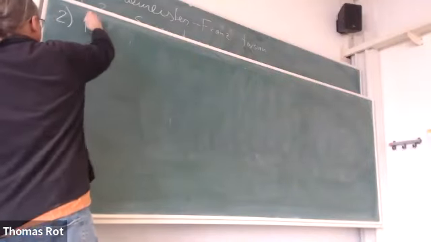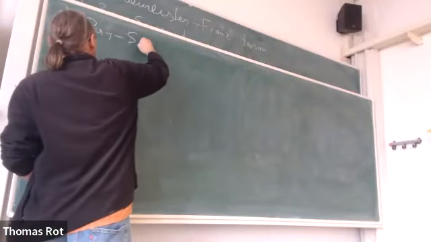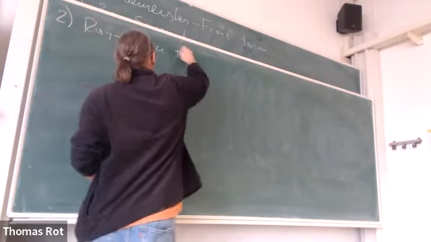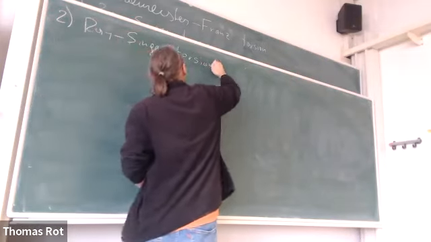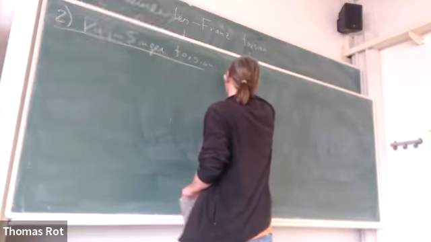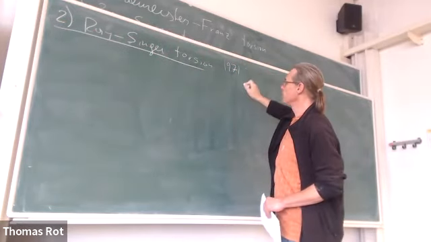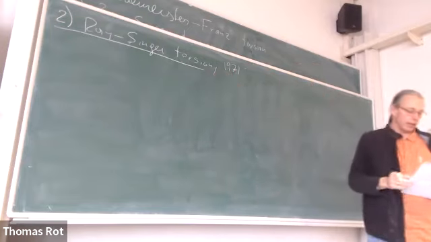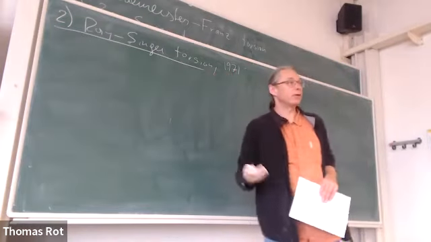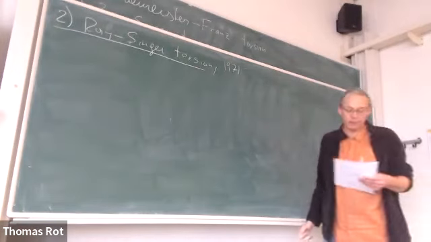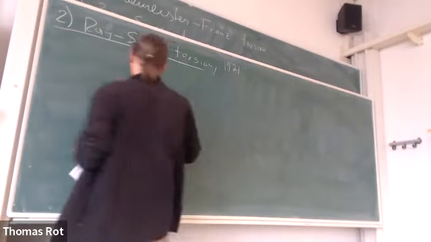The second part is the analytic torsion. This was done in 1971, I think was the paper. We take a closed smooth manifold, and we look at the de Rham complex.